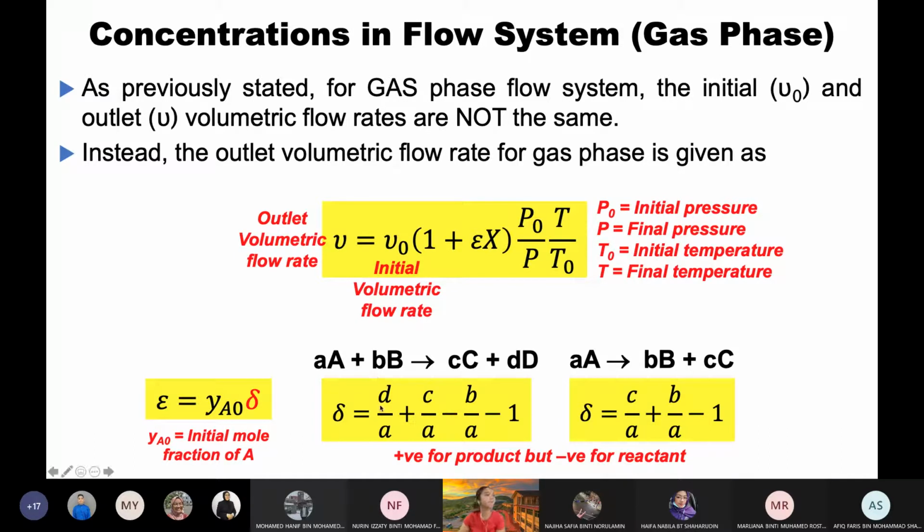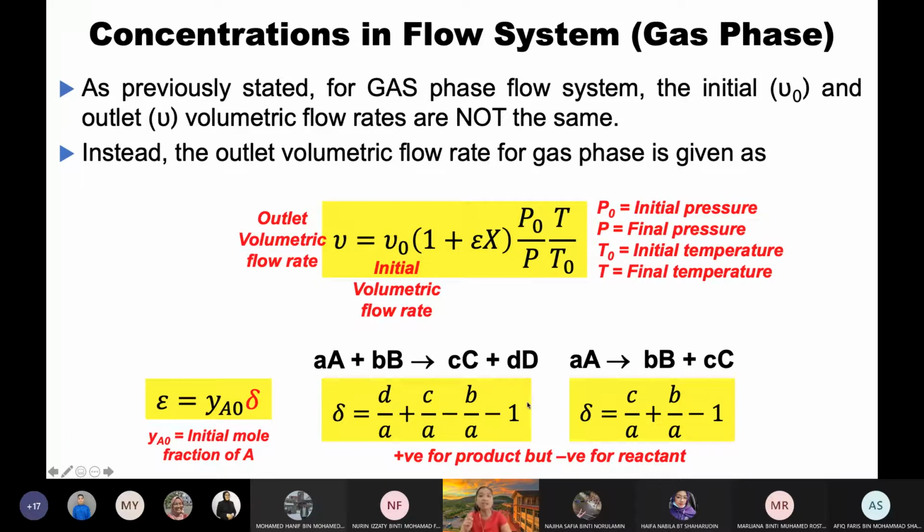So, katakan you have two reactants, two products. Two reactants A and B, two products C and D. So, dia punya stoichiometric coefficient becomes, the two products are C and D, right? So it becomes d per a, the stoichiometric coefficient of compound D divided by the stoichiometric coefficient of the reactant A, plus c per a, the stoichiometric coefficient of compound C, product C over reactant A, minus b per a, the coefficient of B over A, minus 1.